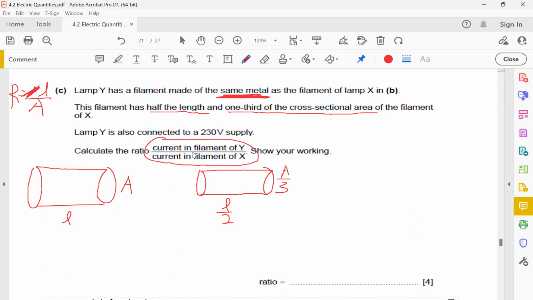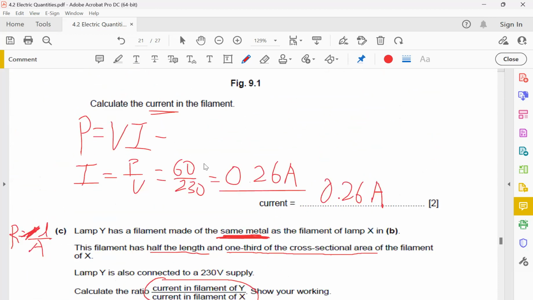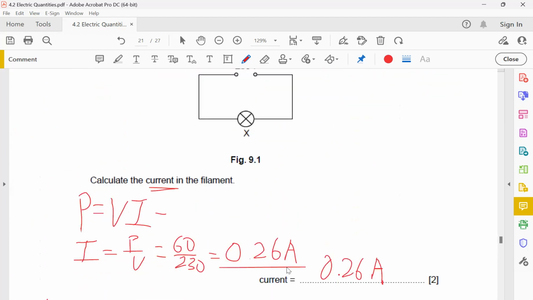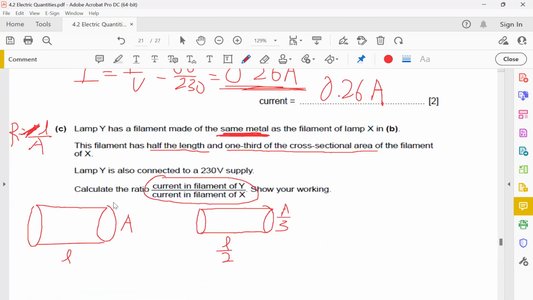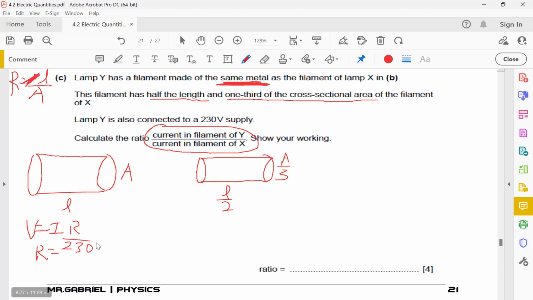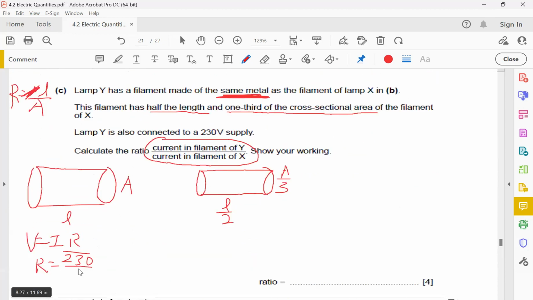I don't know what the current is, but I know for a fact that I can find the resistance first, right? How do I find the resistance here? Using this information, right? I have voltage right now, and I also have the current here. According to my Ohm's law formula, V equals IR, my R will be essentially 230 divided by 0.26, right?